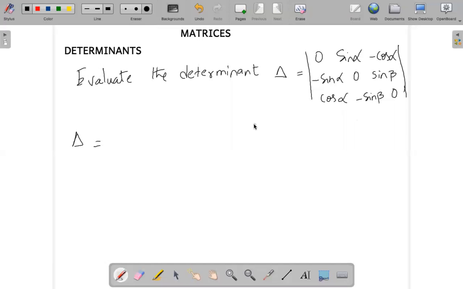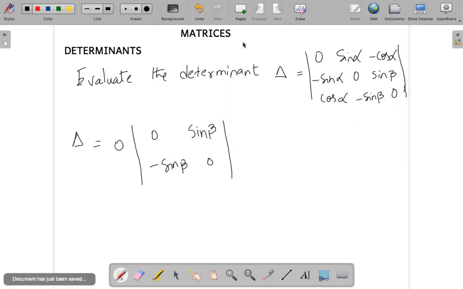Let us evaluate the determinant of this. We are looking at row 1 now.